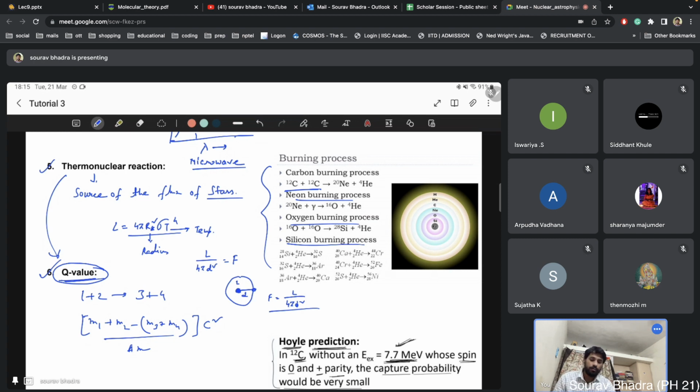In the third week we will mainly focus on the thermonuclear reaction in depth, and gain deeper knowledge in terms of the cross section of the nuclear reaction, the reaction rate, and all the other things.